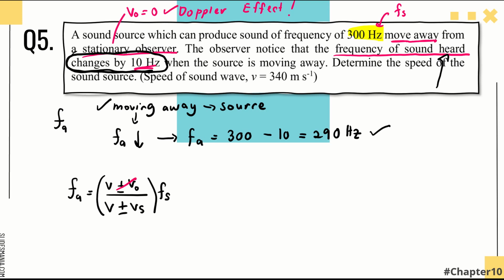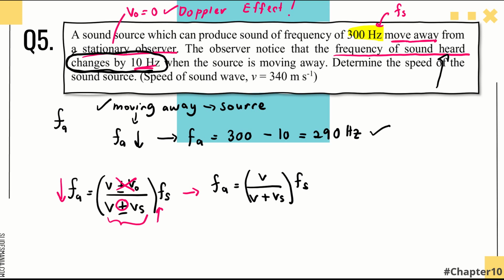Because the sound heard is low, the denominator must be high, so we need to use plus. Then the correct equation for this case is FA is equal to V over V plus Vs times Fs.